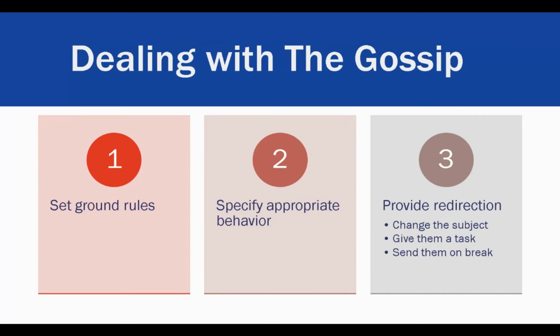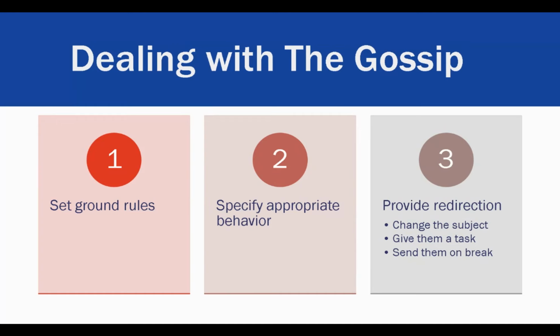So in addition to setting the ground rules about expected behavior, you can provide regular redirection. When you hear the employee heading down that path, you can redirect them by changing the subject, giving them a task to do, or sending them on a break.